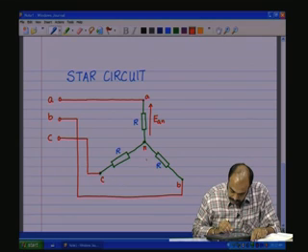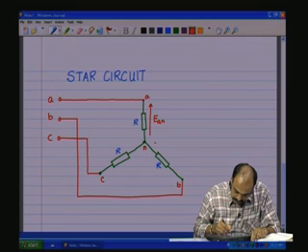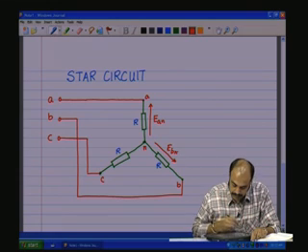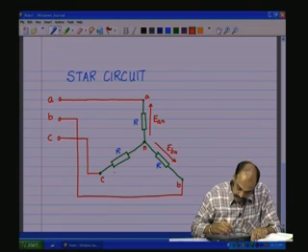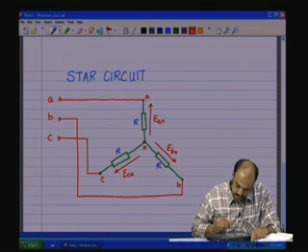The voltage in the B phase is E B n, and the voltage in the C phase with respect to the neutral is E C n.